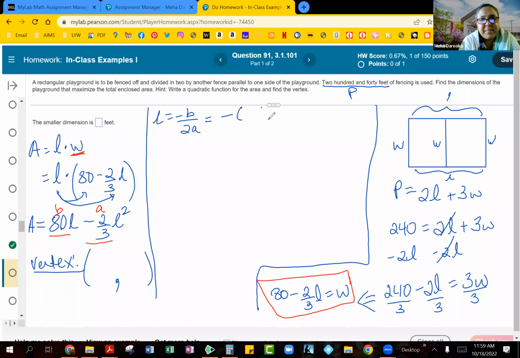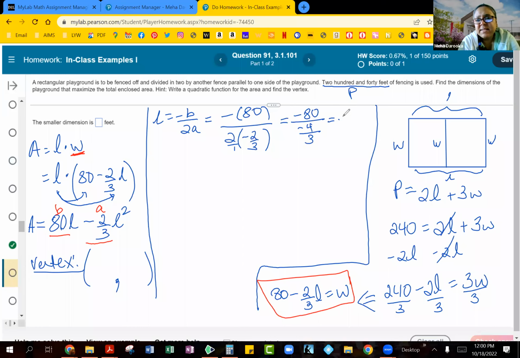So negative b over 2 times a. So our b was 80. A was negative 2/3. And we'll need to clean this up. So negative 80. If it helps, you can put a 1 underneath the 2. So this will become negative 2 times 2, which is negative 4. 3 times 1 will be obviously 3.